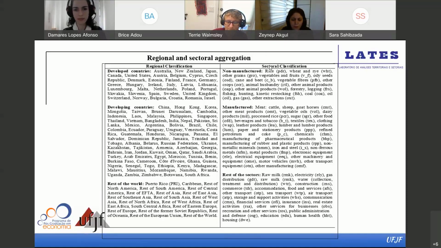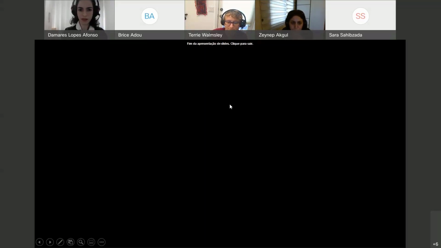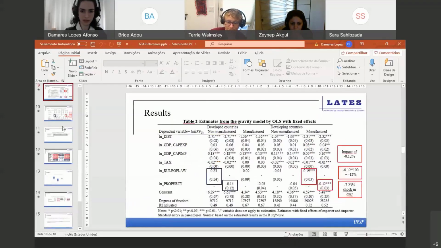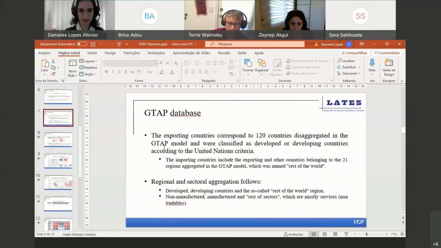And our database, our variables of exporting countries. Yes, our exporting countries in the gravity model correspond to these developed and developing countries. And this export data was collected not only for developed and developing countries, but also for the other countries. We took this statistic from World Integrated Trade Solution.